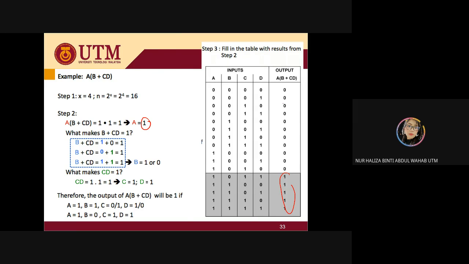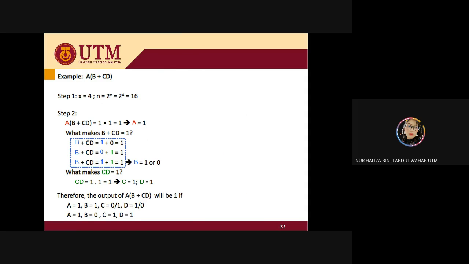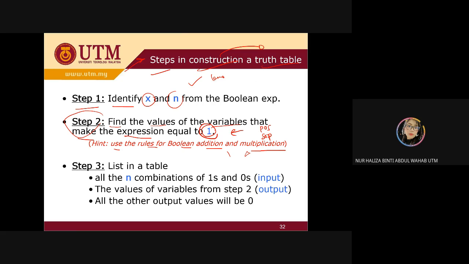But later, when you have the 0 input also, you might consider it. I'm just informing you, so don't blame me and say, hey doctor, last time you said step number 2 is only to get the 1 value, but now you say the 0 output we can also take a look at. That's why, later, you will know the Boolean expression for POS and for SOP.